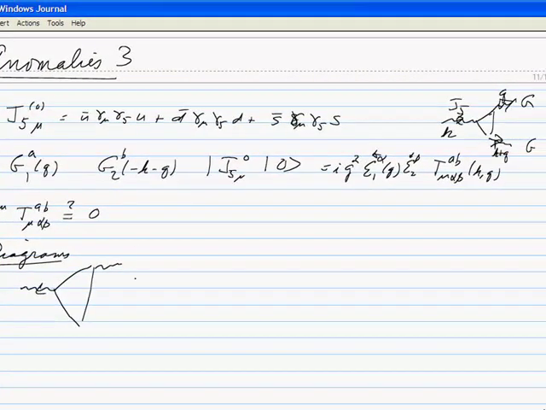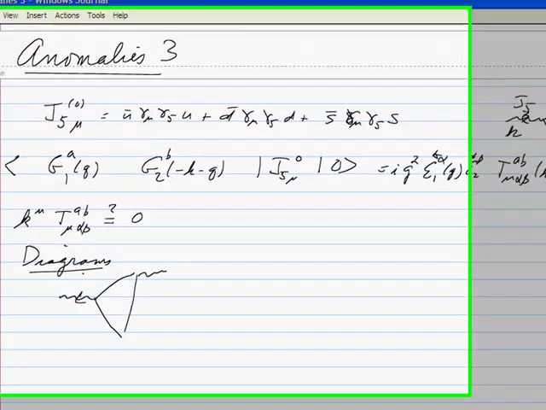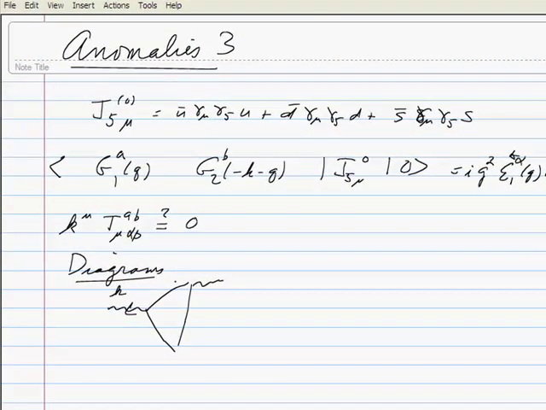They're all drawn out. K, Q, minus K minus Q. And this can be momentum P. This will be momentum P plus K then. And this will be P plus K, P minus Q.